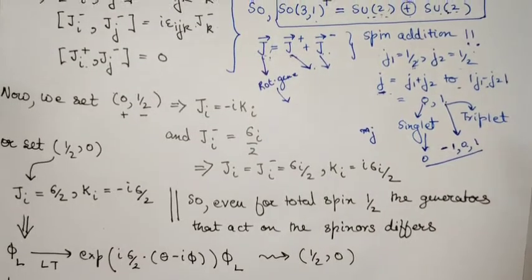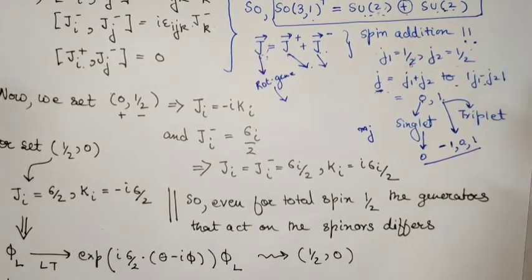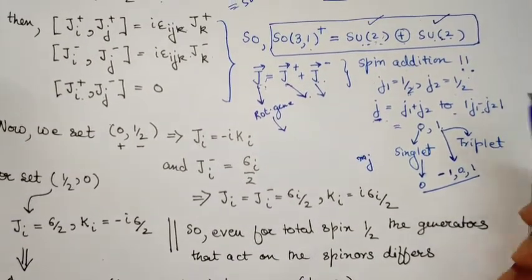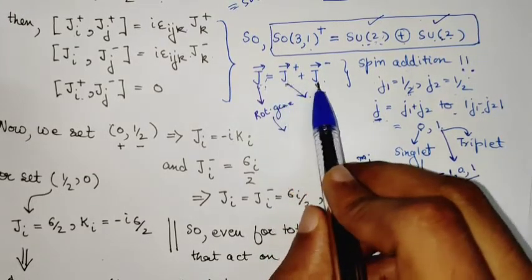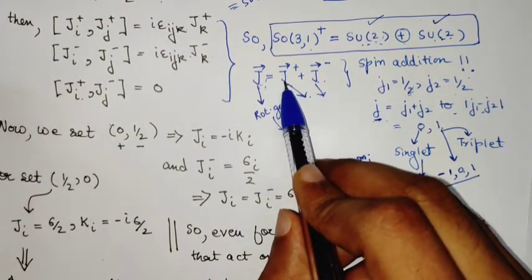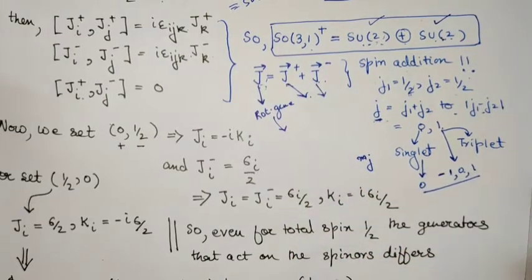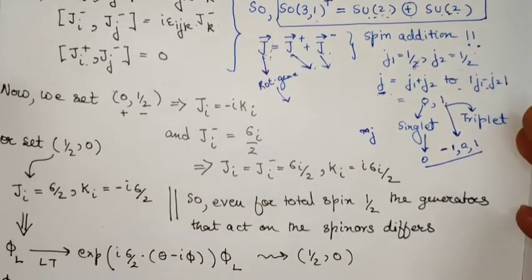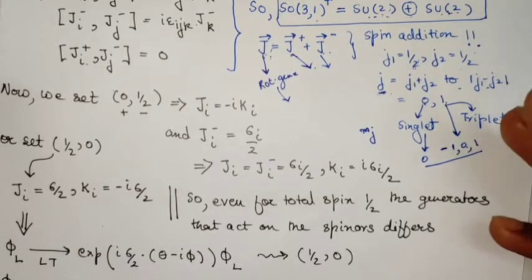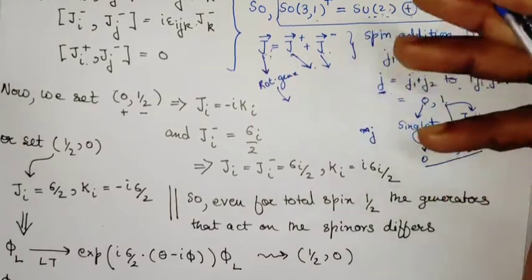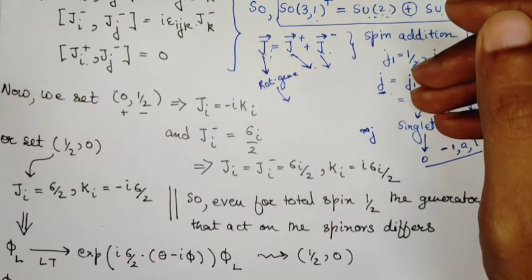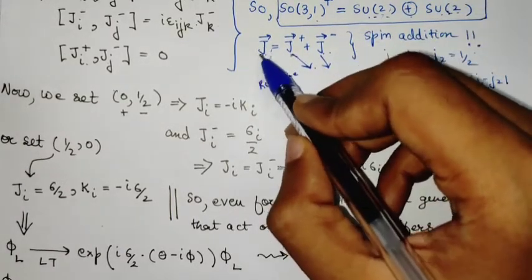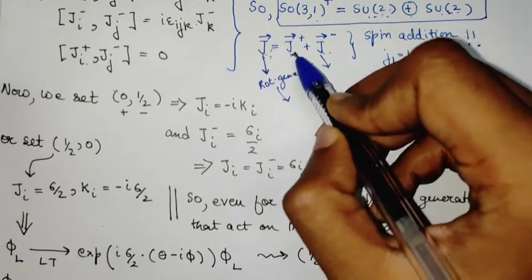Now if we want just a single spin half representation, we can say that we will put one of the J among J plus and J minus to be 0. Which J will be put to 0 is actually creating a difference now. So the point is, if we have a spin half particle, we are not sure about which J to put 0.